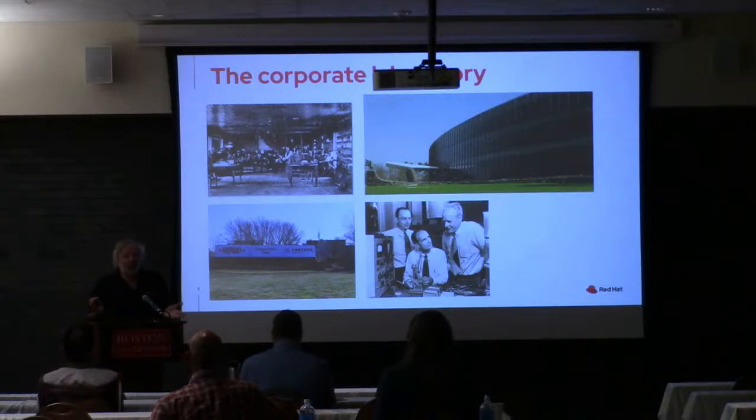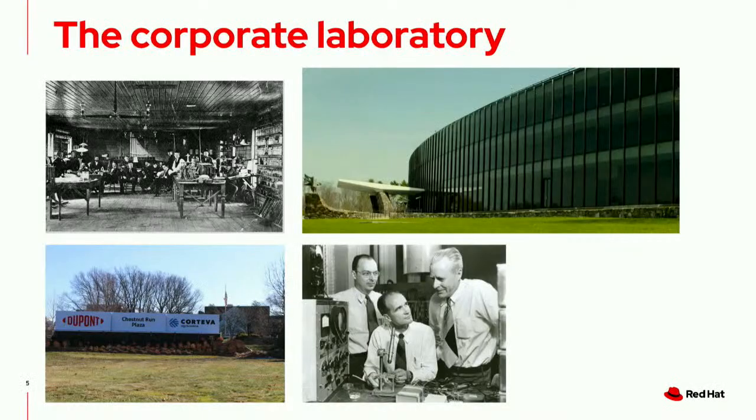Now, the corporate laboratory, on the other hand. Edison's famous lab in the upper left-hand side there, that's IBM Research in Yorktown Heights on the right, another very big research laboratory. DuPont, very big in chemistry, and then famously in the lower right, Bell Labs.